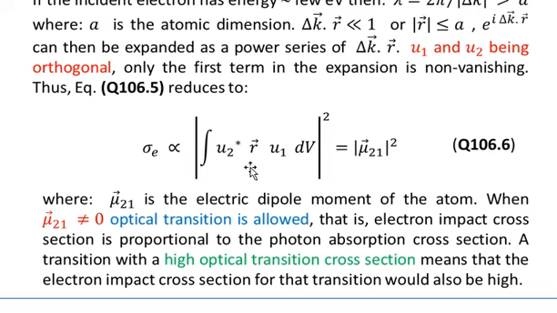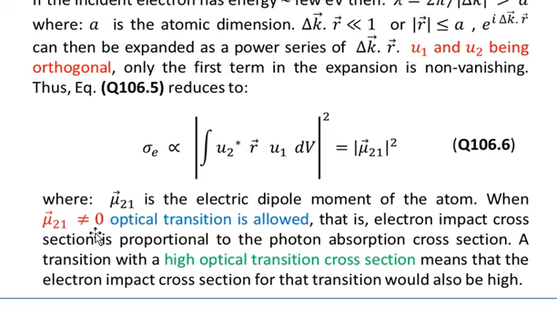So we need to calculate this integral, and you know that this integral is nothing but mu 2 1, which is the electric dipole moment of the transition from state 2 to state 1. And here it appears in the form of the absolute square of mu 2 1, where mu 2 1 is the electric dipole moment of the atom.